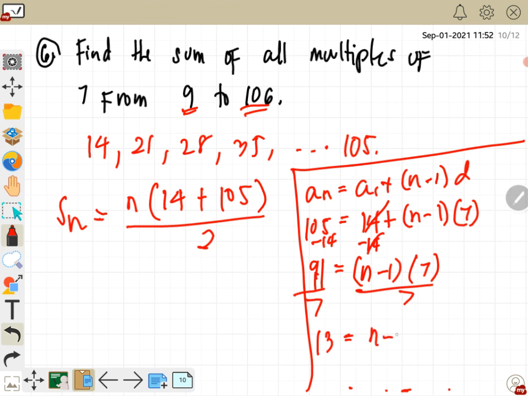So you have n minus 1 equals 13, so n is 14. Meaning from 14 to 105 there are 14 terms that need to be added, so that we will get the sum of all these multiples of 7 within the given interval. So it's like saying find the sum of these 14 terms.